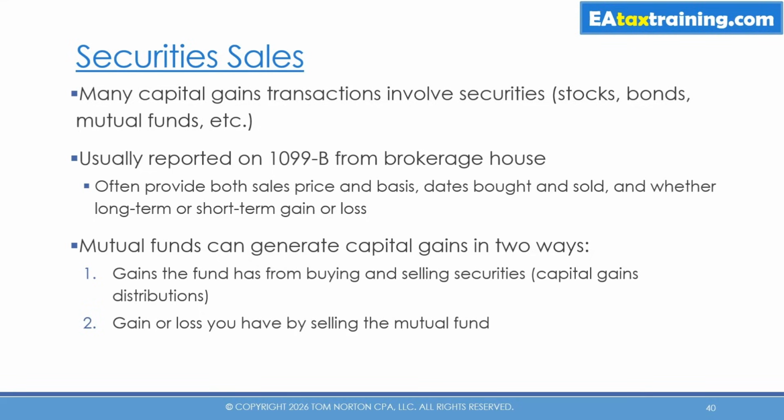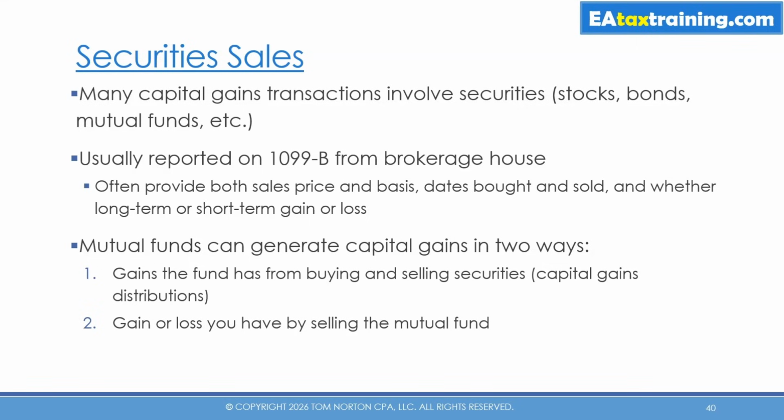And it's important to know that mutual funds can generate capital gains in 2 different ways. First of all, the gains that the fund has from buying and selling securities. Remember, a mutual fund is when lots of people put their money in. So I put some money in, you put some money in, other people put money in, and then the mutual fund manager pools all of our money together, and then they go out and invest that money.